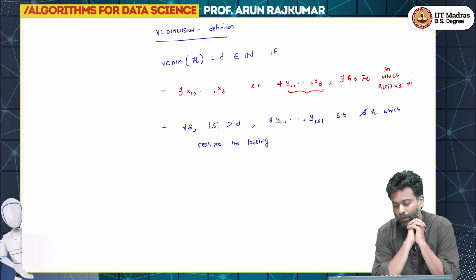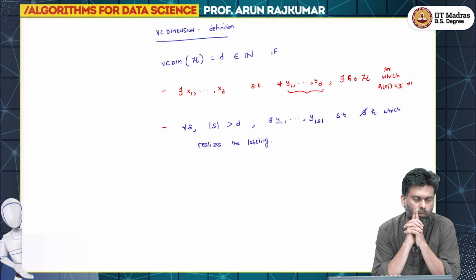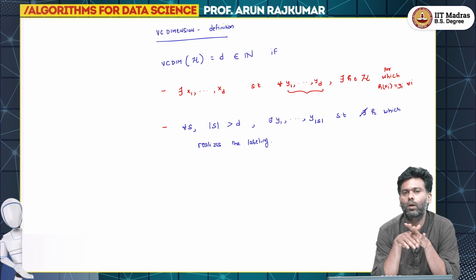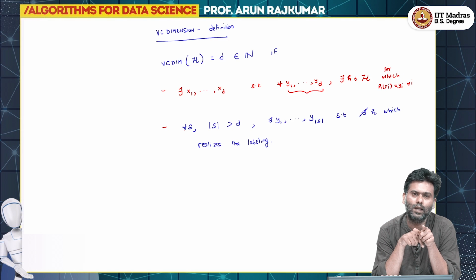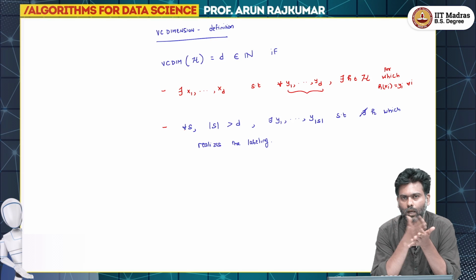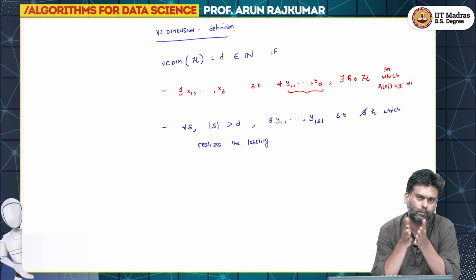That is, there exists some labeling y1 to ys, which I can produce by looking at your data set, such that no hypothesis in the hypothesis class can label h of xi equals yi for all i. Which means that I win for anything greater than d. For anything less than or equal to d, you win. For anything greater than d, I win. And when you find such a d, that d is the VC dimension.